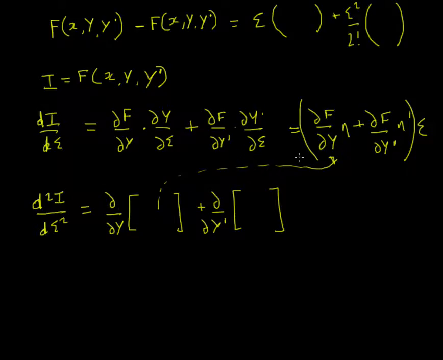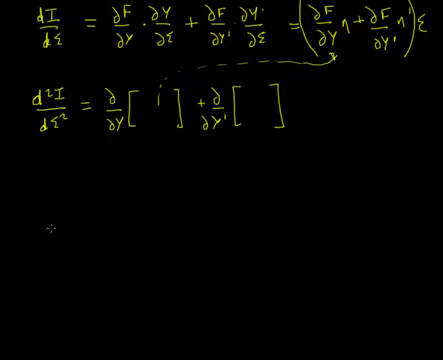So we're going to differentiate this lot here again. If we do the first bit here with respect to y, then you're going to have a mixture of the chain rule and the product rule.